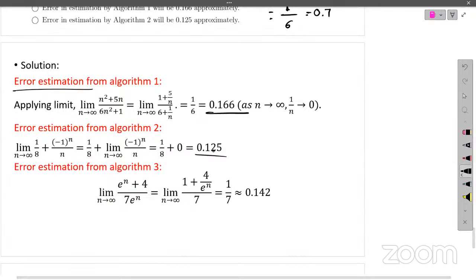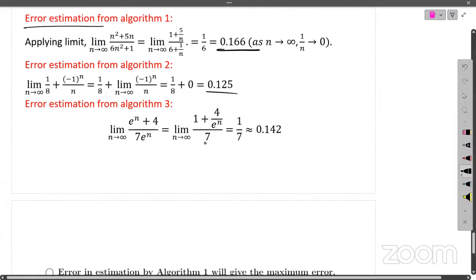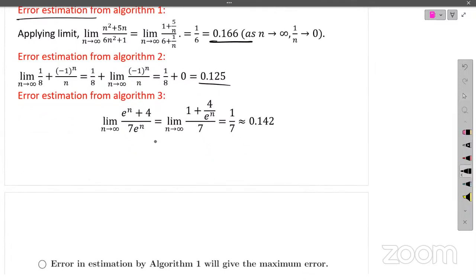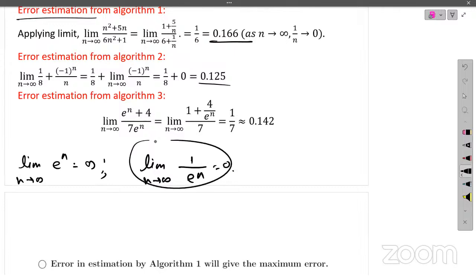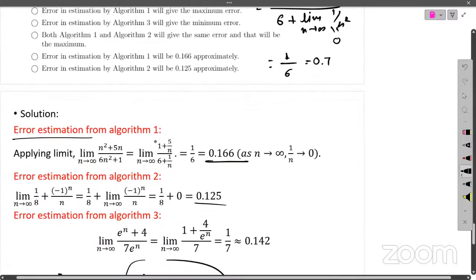Now, the same thing we do for error estimation in the third algorithm. Here the function is given in the form of e to the power n, and we know that limit n goes to infinity of e to the power n is equal to infinity, but limit n goes to infinity of 1 by e to the power n goes to 0, right? So we multiply and divide by e to the power n, so that we get 1 by e to the power n, as we do for the largest power of n.